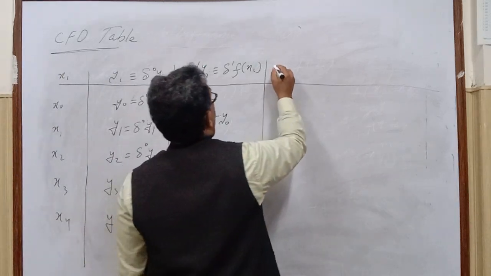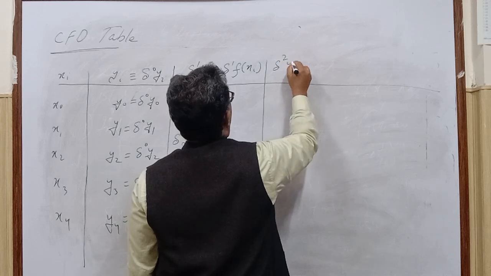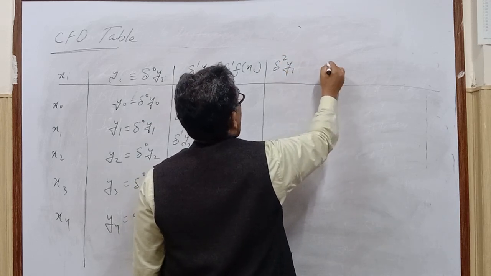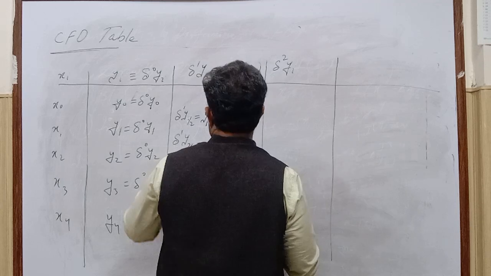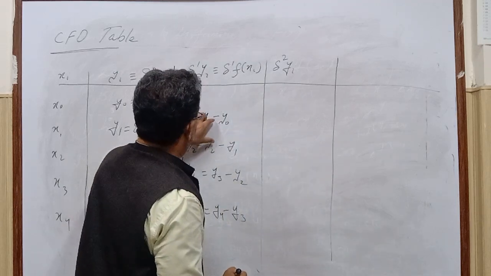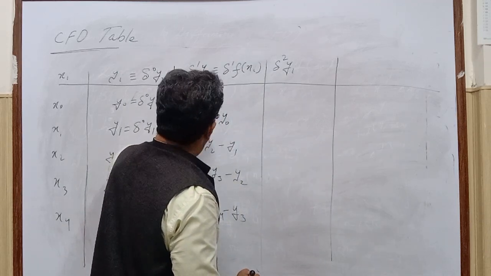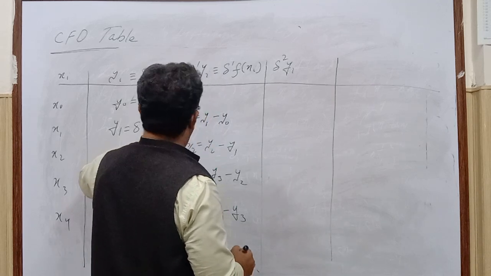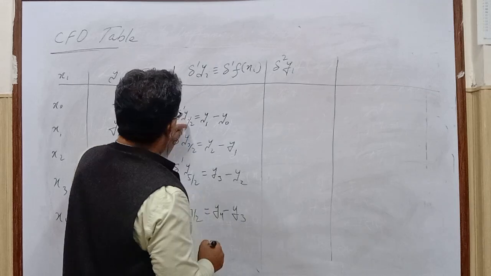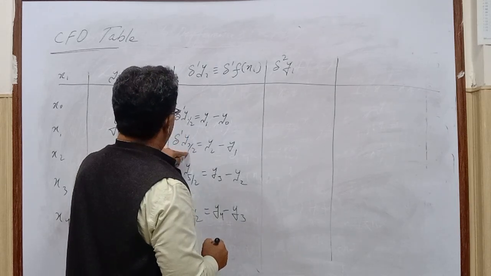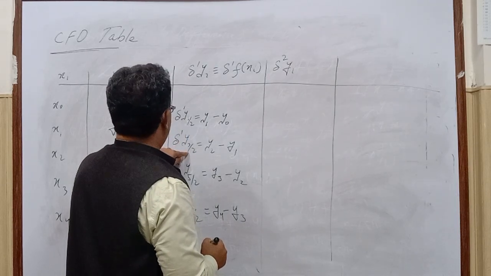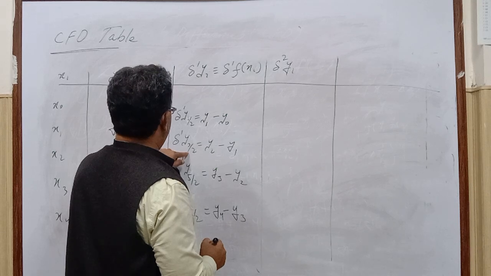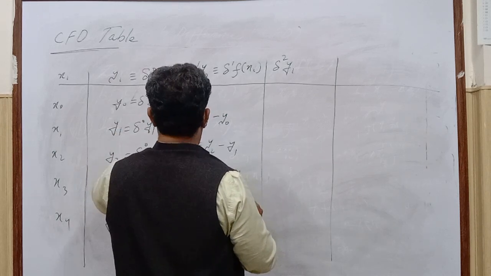Okay, so for the second level CFD, delta 2 yi, again you will write the result in front of the middle of the values in the previous column. So over here again we will take 1 over 2 plus 3 over 2, that is 4 over 2, and 4 over 2 divided by 2 is 1.